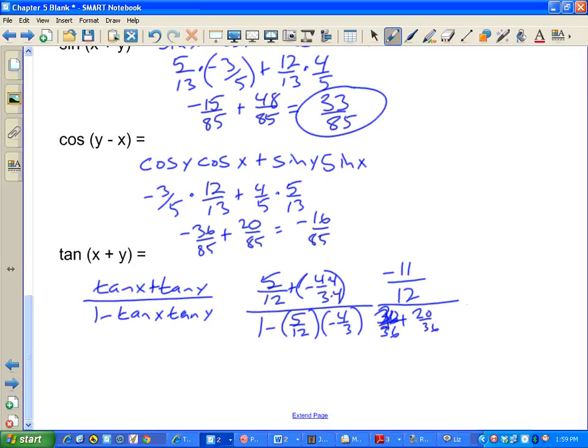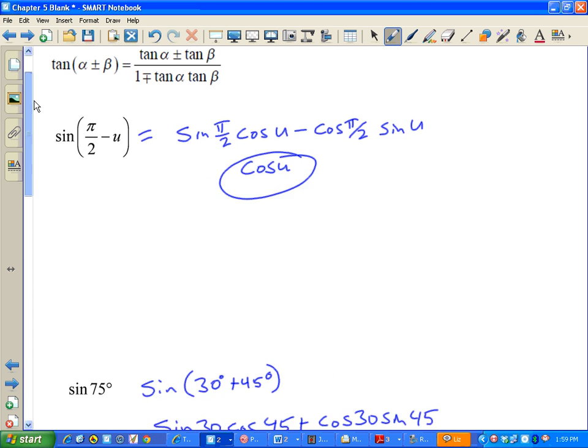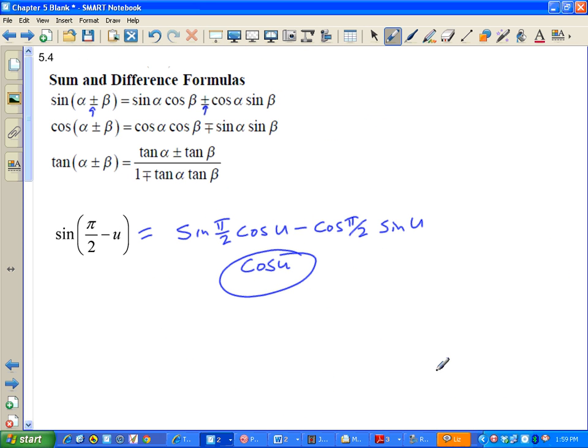So this would be 56 over 36. And instead of dividing, I'm going to multiply by the reciprocal. So let's see if I can cross reduce. 3 and 1. Negative 33/56. Okay, so there's just a few examples of how you can use your sum and difference formulas.